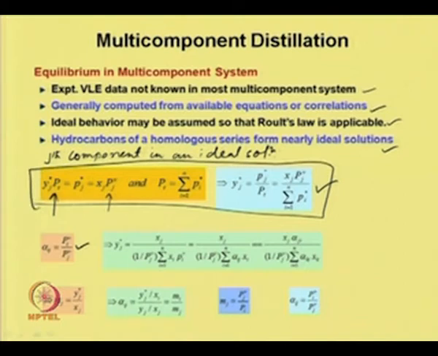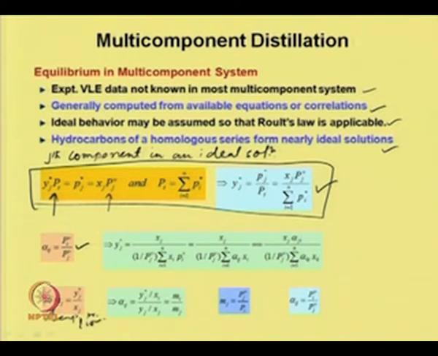For multi-component systems, generally the equilibrium data is defined in terms of the distribution coefficients. For component j, Mj is the distribution coefficient, which is equal to Yj star divided by Xj, and this Mj also depends on temperature, pressure and compositions of the mixture.